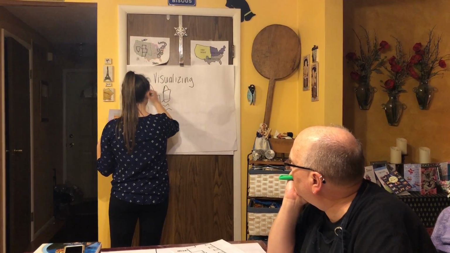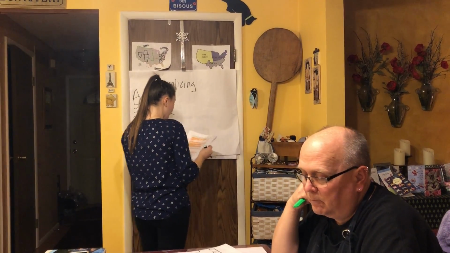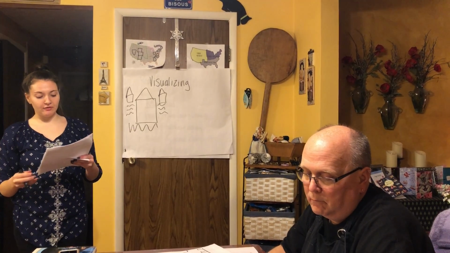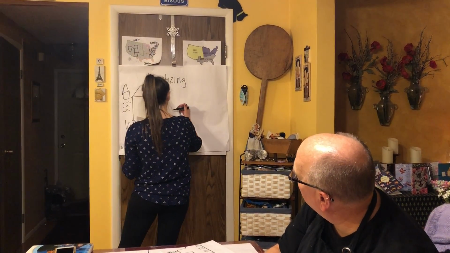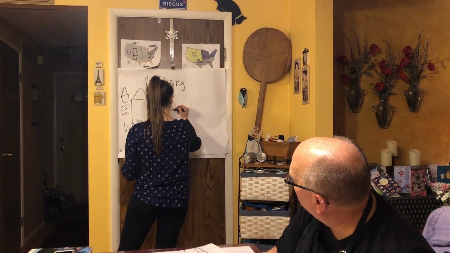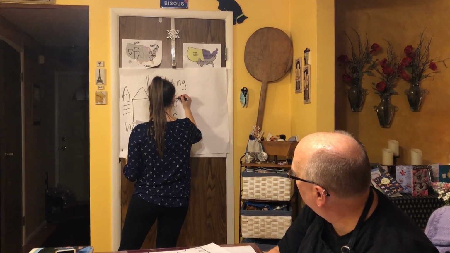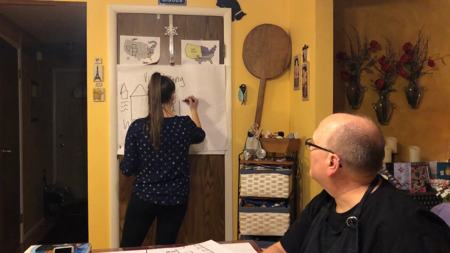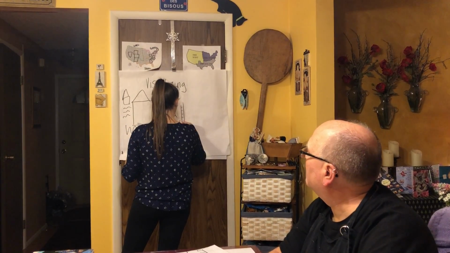building houses. For my second scene on my storyboard, I remembered that they had good farmland that was cheap. So I'm gonna draw, maybe I'll draw like a farmer with his hat, and he's planting things and crops.